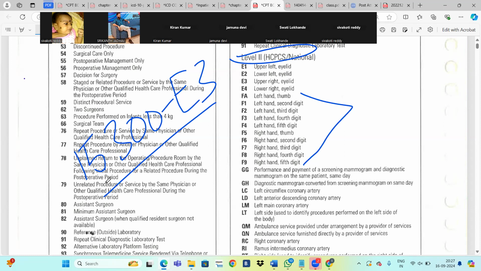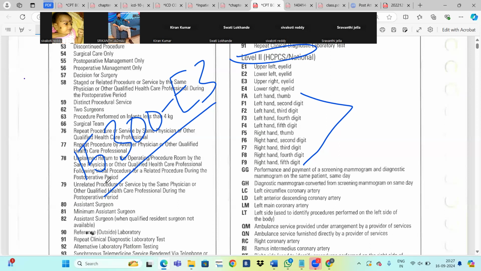Sometimes they will give, for example, laceration on left index finger. Laceration on right ring finger. Laceration on right little finger. They will give like that. Sometimes they will give the number, sometimes they will give the name of the finger.